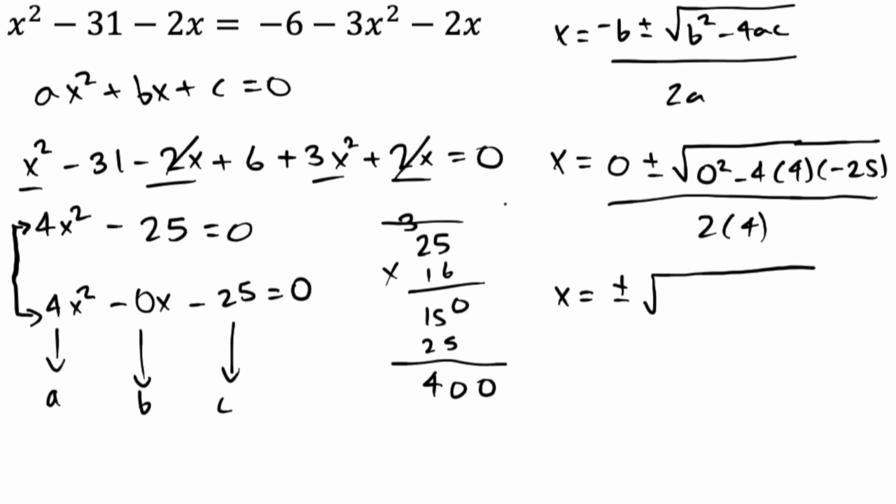So root of 400 all over 8. Now let's write this in the simplest radical form. Let's draw a table like we did before.